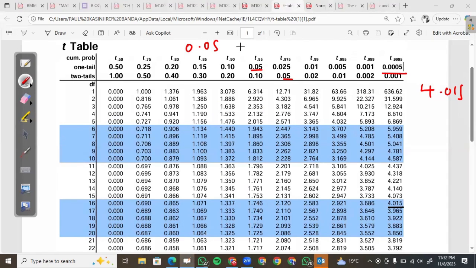That's the one that works. So if I have t of 0.0005, and then comma, the degrees of freedom 16, like you said here, it's the one that is going to give me 4.015. Yeah, so that's how that one can work.